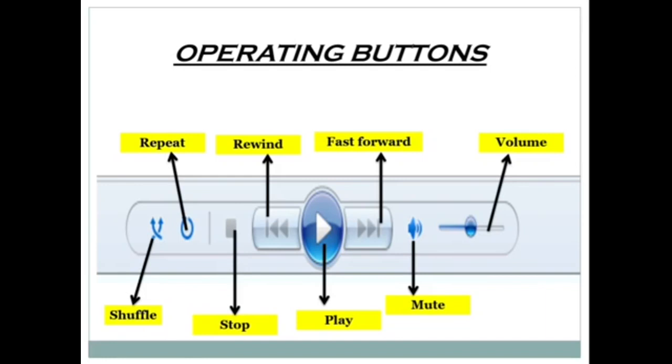The first button shuffle, second button repeat, third button stop, fourth button rewind, fifth button play, sixth button fast forward, next button mute, the last one is volume. So like this you can use Windows Media Player and operate some songs. Okay, you try it at home in your system.